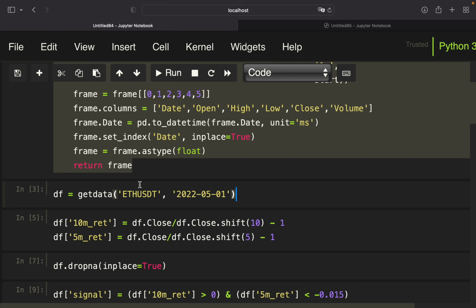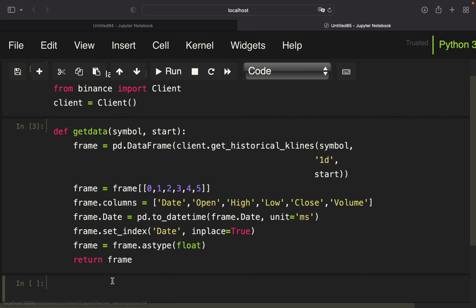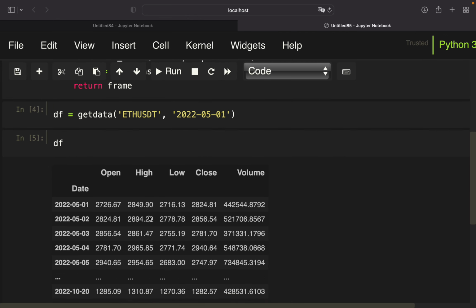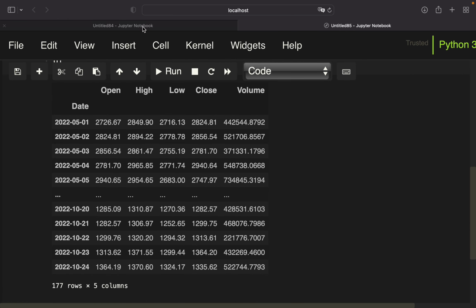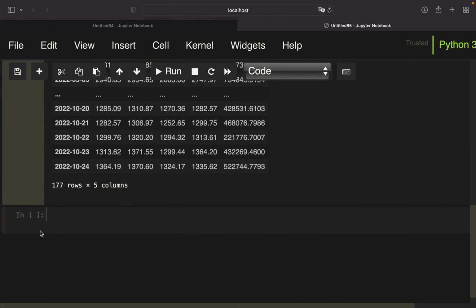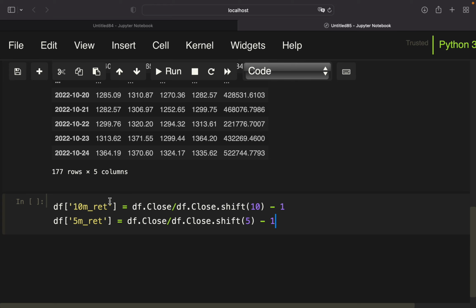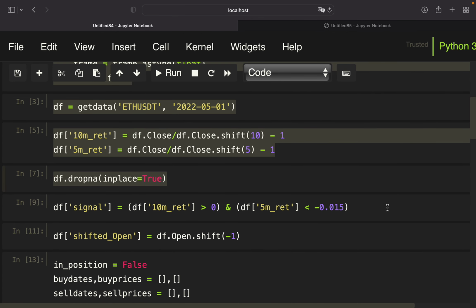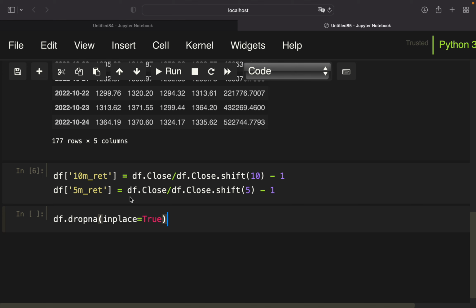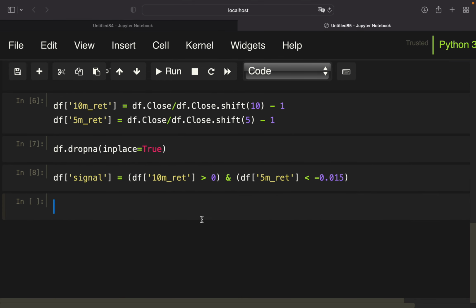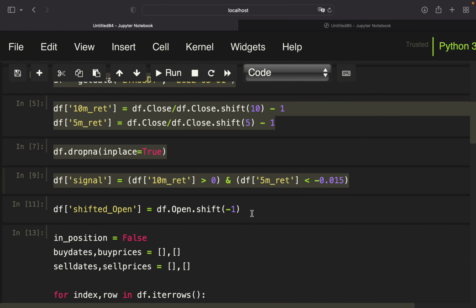Pull data, same stuff here. So this will take 1 second because this is only 170 rows here. Then same stuff. So of course 10 minutes is now 10 days. 5 minutes is now 5 days, right? So I think you got the point here. Yeah, let's just keep everything as it is.